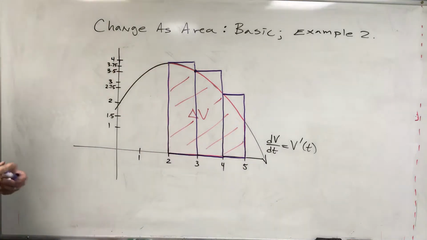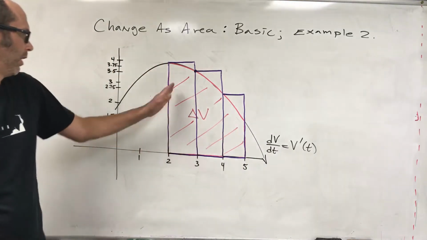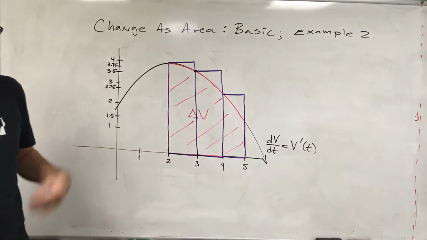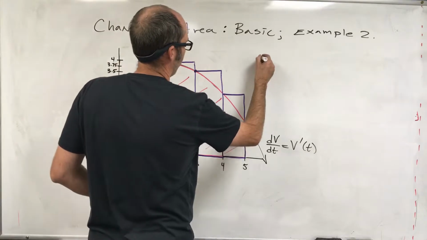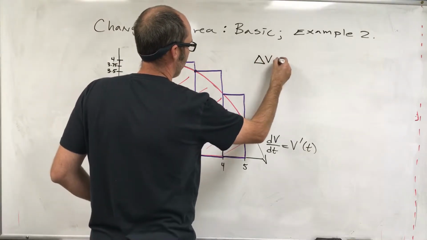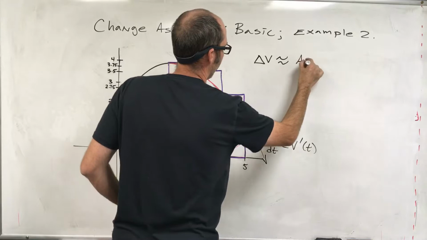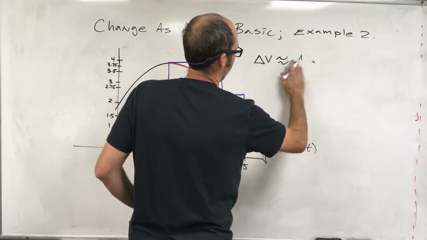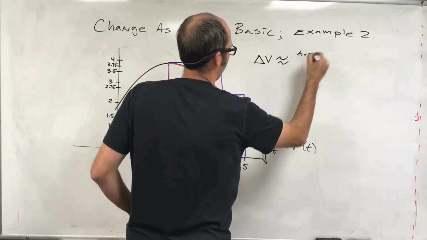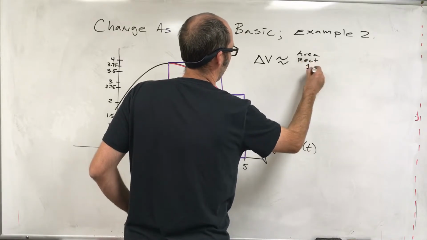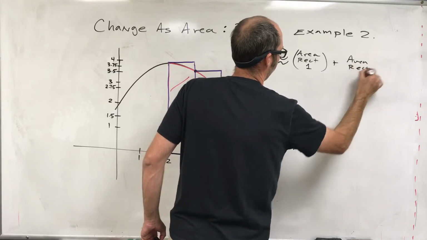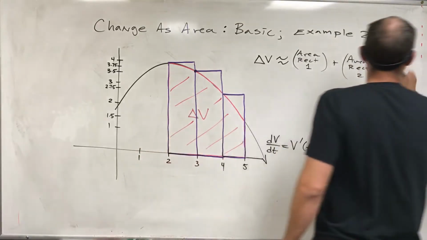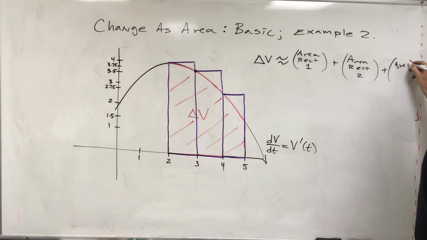Now you see that once I find the area of each of these rectangles and add them together, that's going to be my estimate for the change in V. So change in V is approximately area of rectangle 1 plus area of rectangle 2 plus area of rectangle 3.